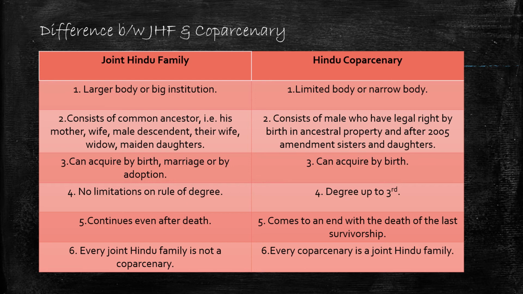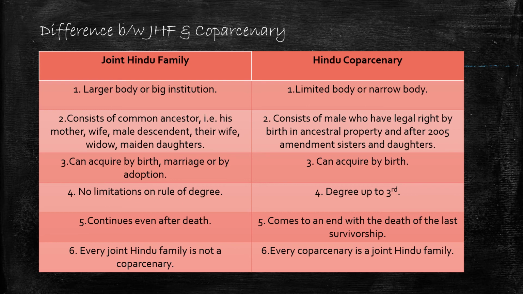Third difference. Joint Hindu family can acquire by birth, marriage or by adoption, whereas in Hindu coparcenary, property can be acquired only by birth. Joint Hindu family has no limitations on rule of degree, whereas under Hindu coparcenary, there is a rule of degree up to 3.